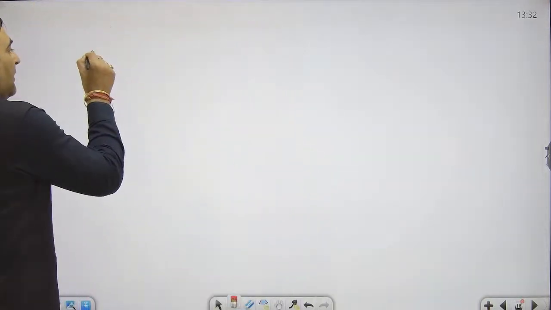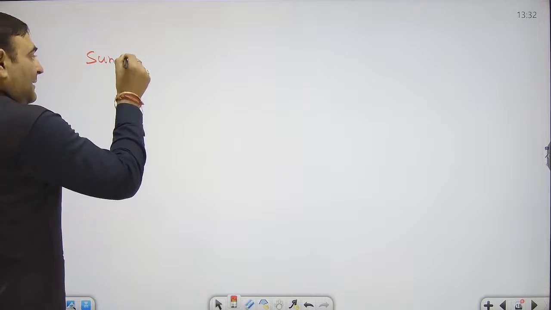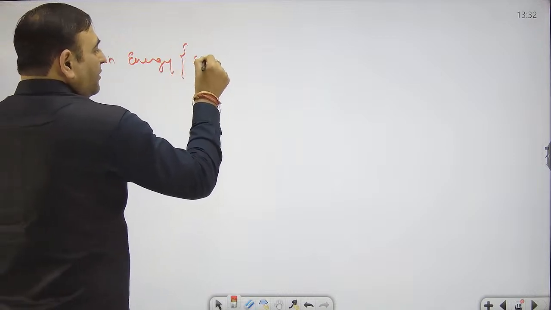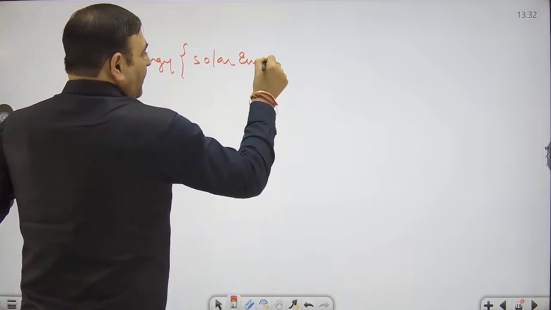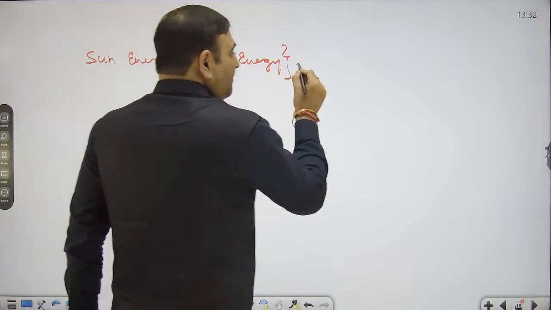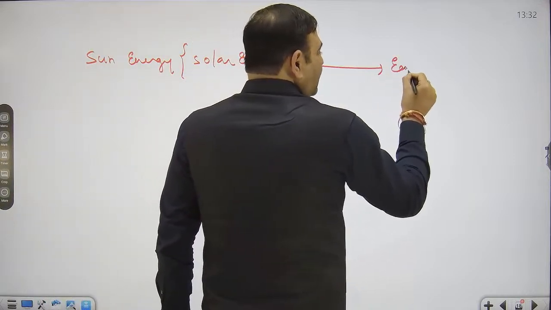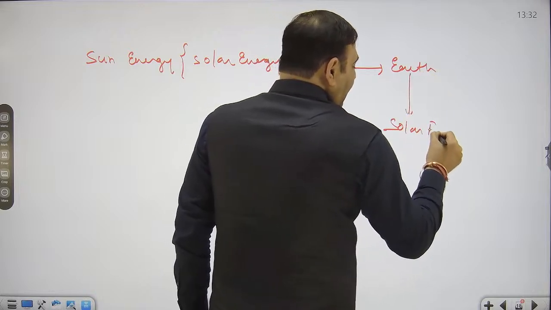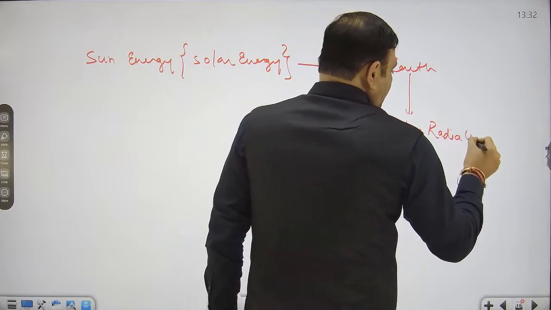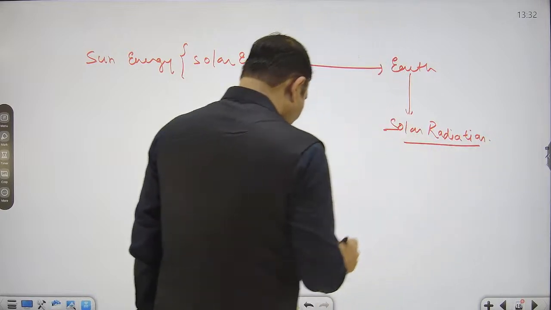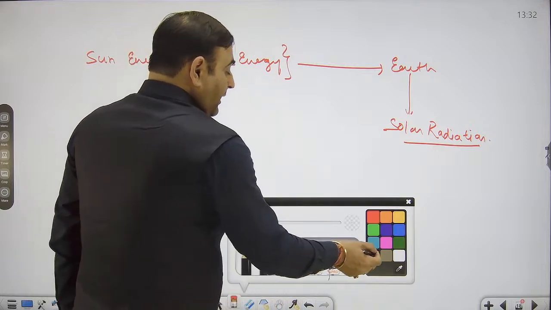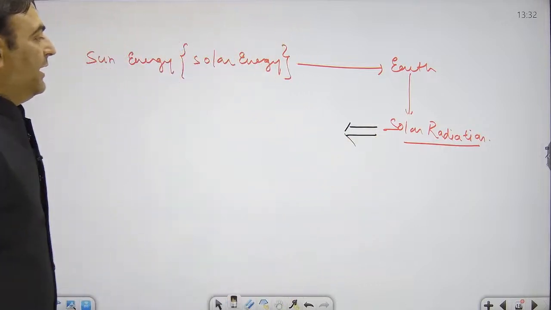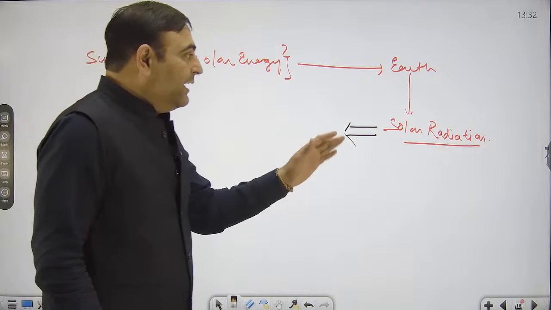And yes, one thing more to tell. The sun's heat or sun energy, which is also known as solar energy, is received by the earth in the form of solar radiation.